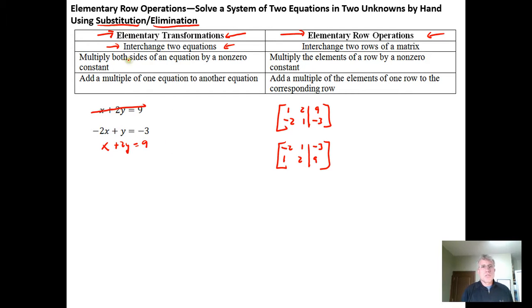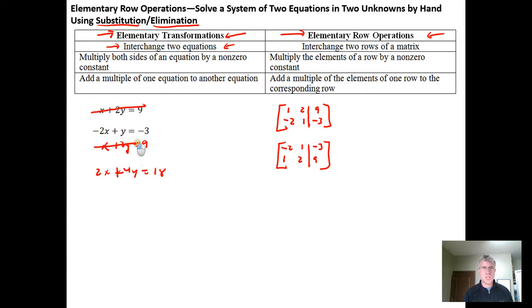In our solution processes for systems, we've allowed ourselves to multiply both sides of an equation by a non-zero constant. So for example, if you wanted to use the elimination method to solve these two equations, what would you do? You'd multiply the second equation here by a 2. So I'd go 2 times x is 2x plus 2 times 2y is 4y equals 2 times 9 is 18.